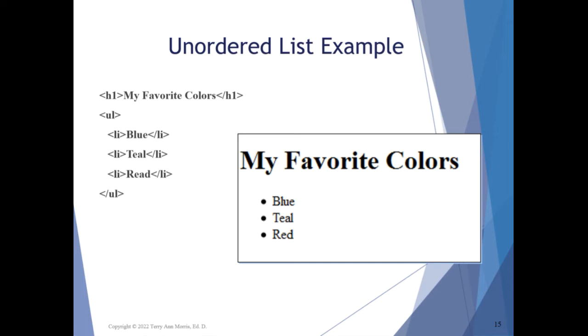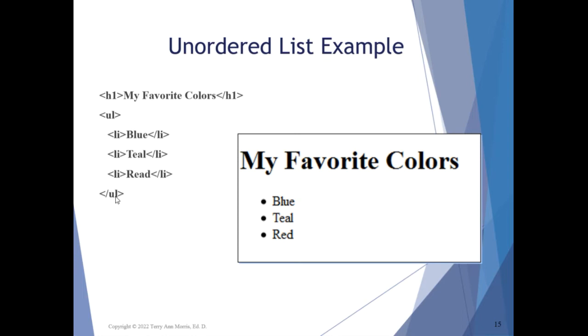Unordered list example. An unordered list typically is a bulleted list of items. HTML 3.0 gives us the ability to customize the bullets, to do without bullets, or to wrap list items horizontally or vertically for multi-column lists. In the example, we open H1 and we have our text, we close H1. We open UL, unordered list, we close UL.